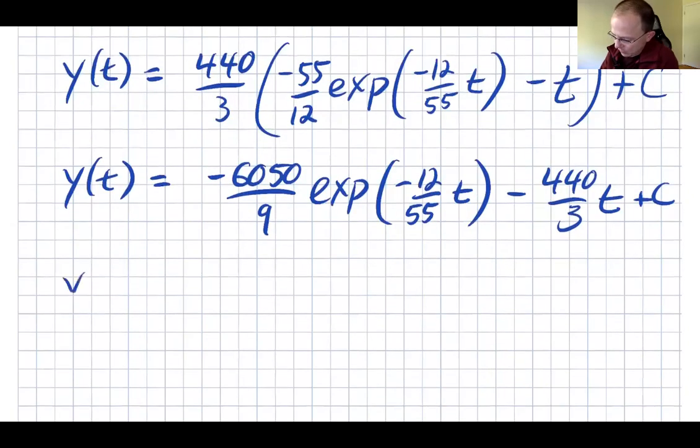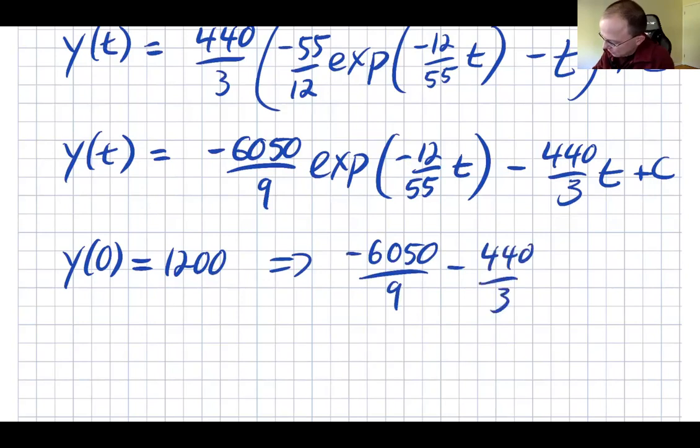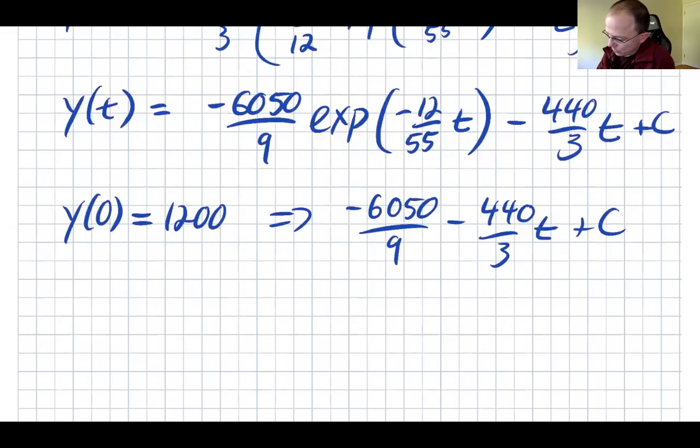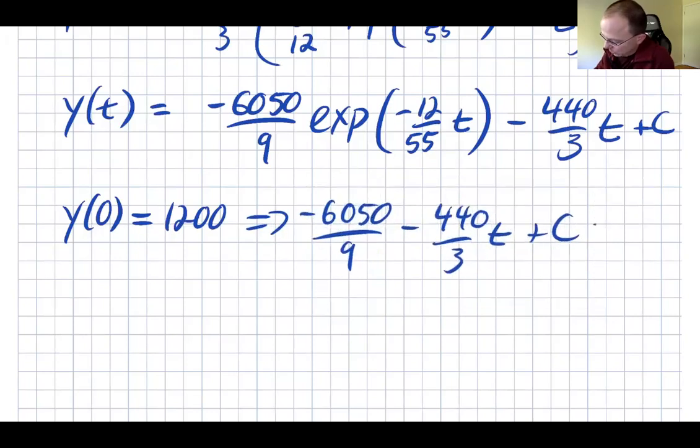Okay, so now let's use our initial condition. So when I plug 0 in here, this will be the exponential of 0, which is 1. So that will give me negative 6050 over 9 minus 440 over 3 times t plus c is equal to 1200.